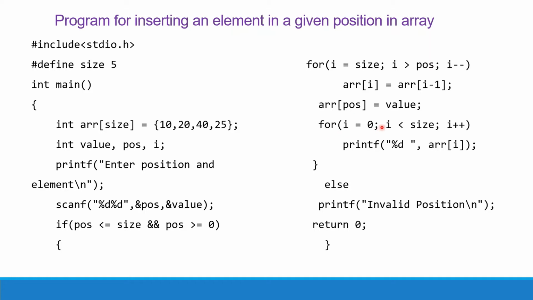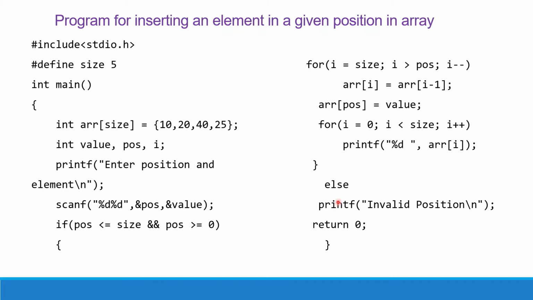And this for loop is for printing the output. So for printing, for i equal to 0 till my size is 5 here. So 0 to 4, right? 0 to 4, it will print all the values here.